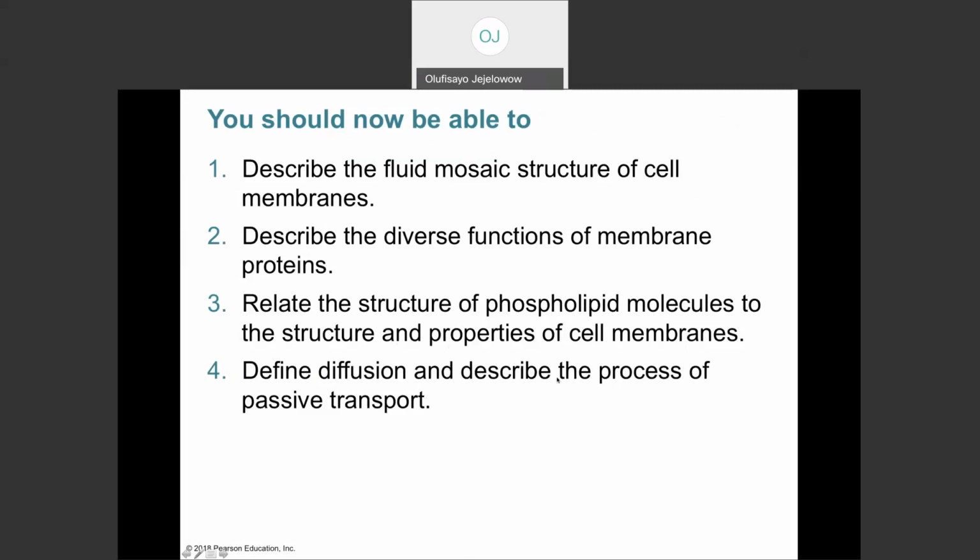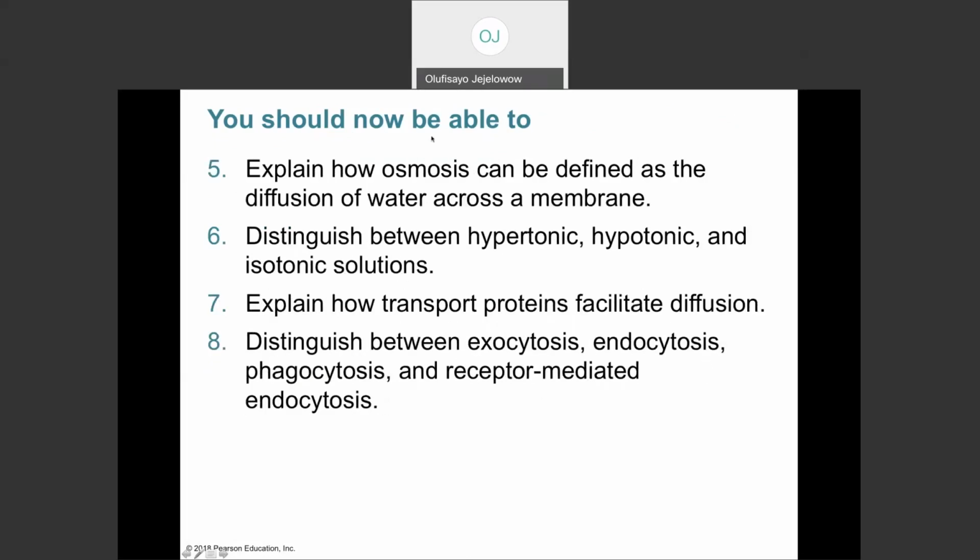Define diffusion and describe the process of passive transport. Explain how osmosis can be defined as the diffusion of water across the membrane. Distinguish between hypertonic, hypotonic, and isotonic solutions. Explain how transport proteins facilitate diffusion. Distinguish between exocytosis, endocytosis, phagocytosis, pinocytosis, and receptor-mediated endocytosis.